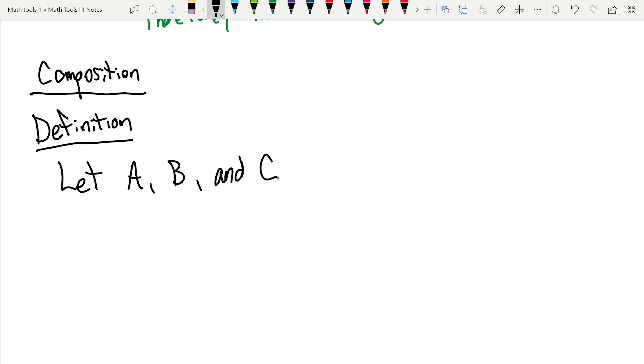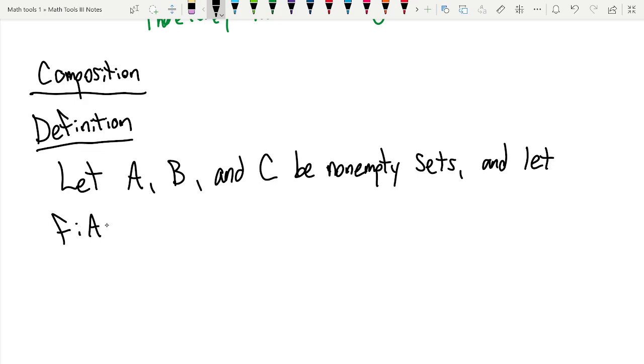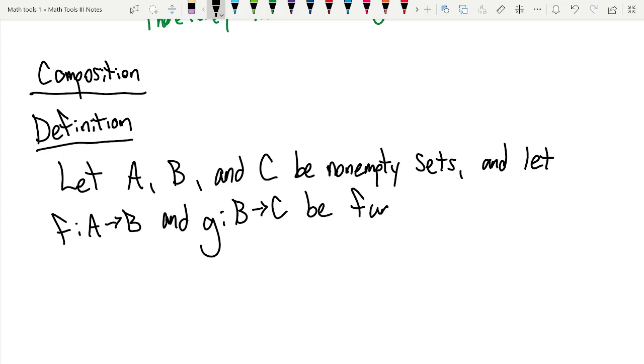So let A, B, and C be non-empty sets. And let f be a function from A to B, and g a function from B to C. Again, you don't really need to write "be functions" because that's what this implies here, so it's a little redundant.